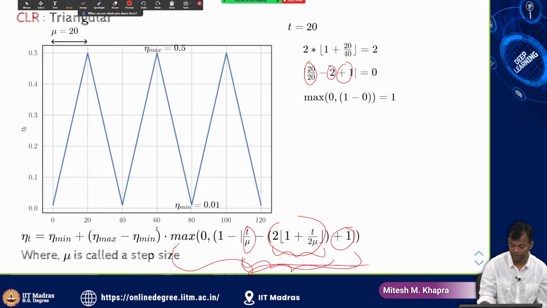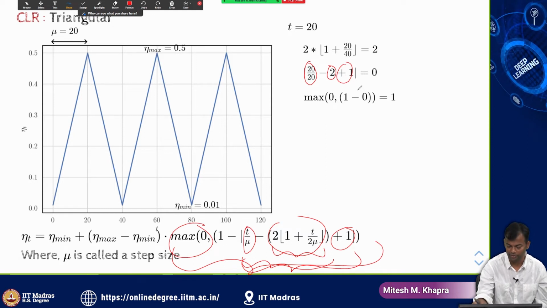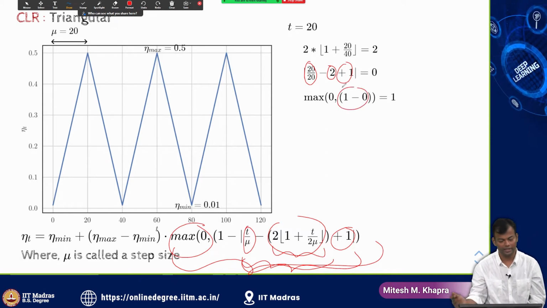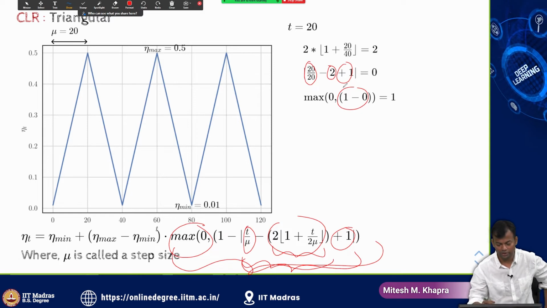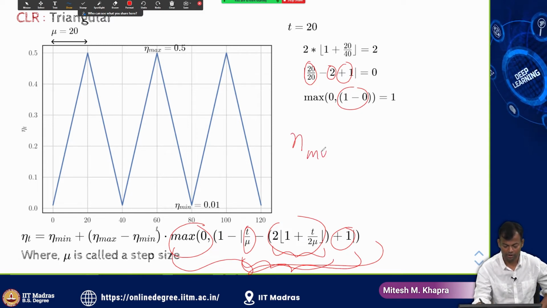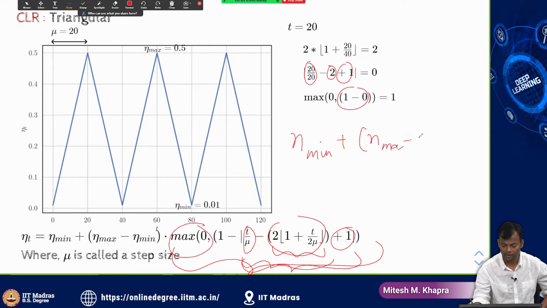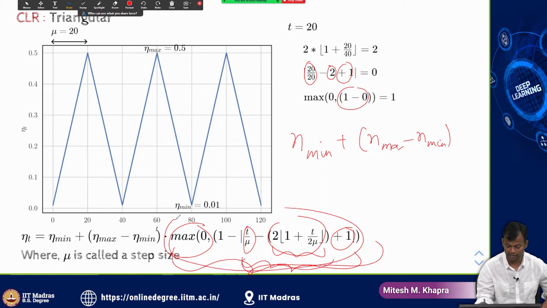So now I'm looking at this quantity, which is max of 0, comma, what I had computed earlier. So that is going to be 1, right? Then I have eta min plus eta max minus eta min, and this entire thing has evaluated to 1.